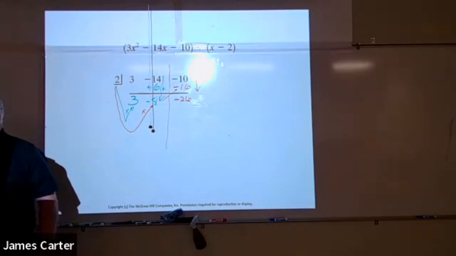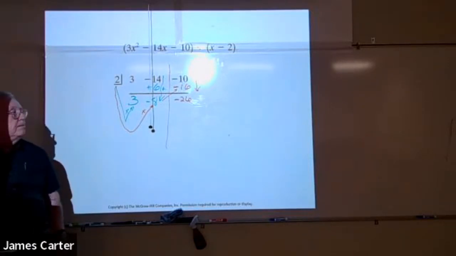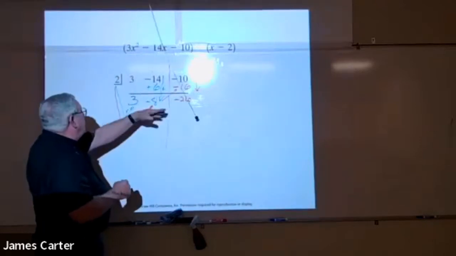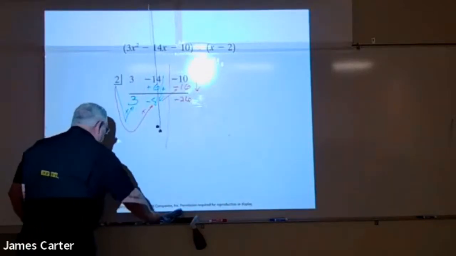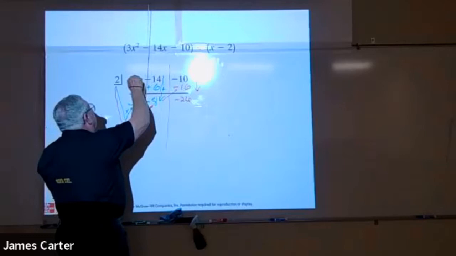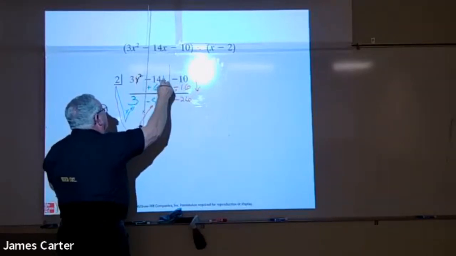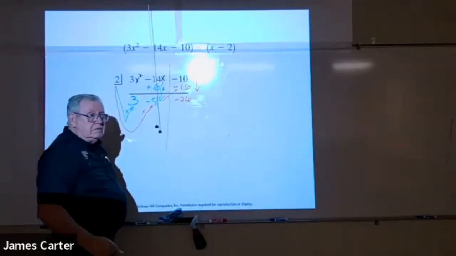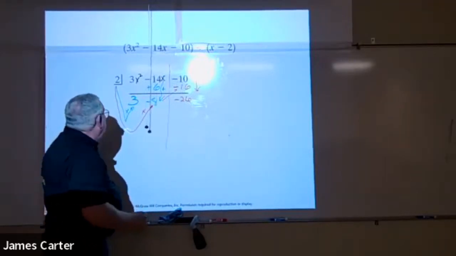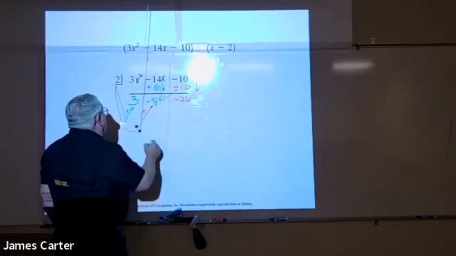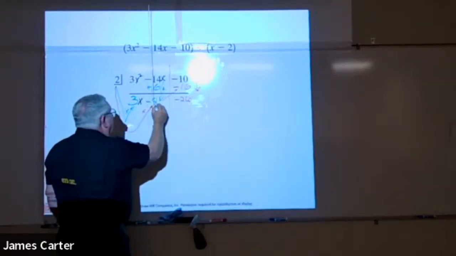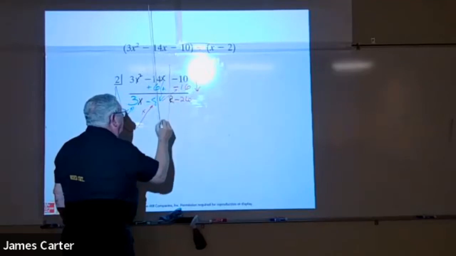I'm telling you. Now, what is this thing? What do these numbers mean? Well, these numbers meant x squared, x, and just 10, right? These numbers mean one degree less: x, number, remainder.